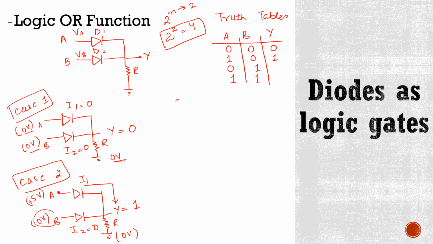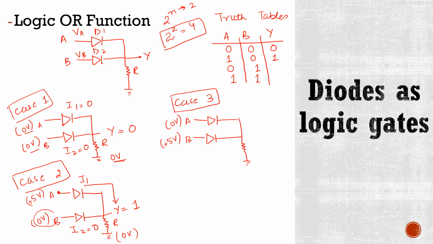Now look at case 3. In this case, terminal A is off, it means no voltage is applied to this terminal, whereas terminal B is on. For suppose plus 5 volts are applied here.